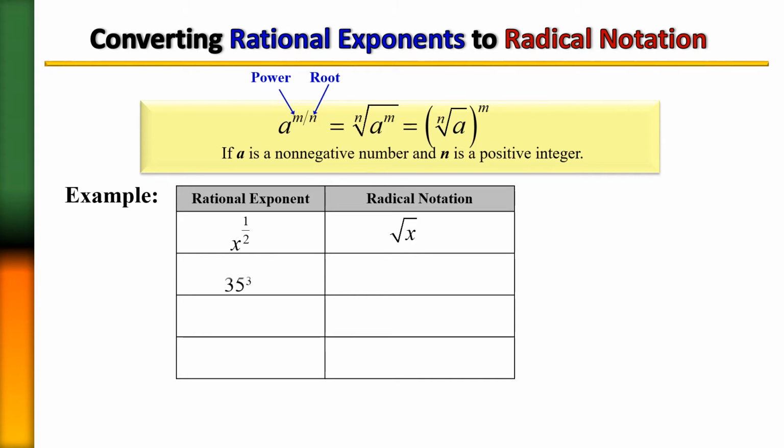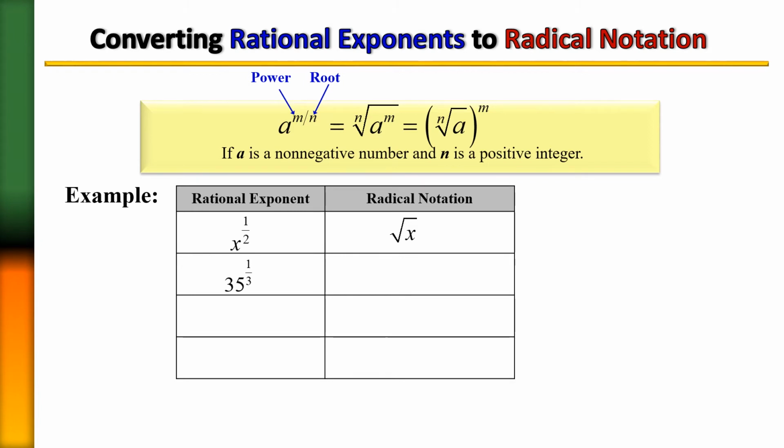Let's do another one. We have 35 raised to the 1/3 power. Again, my base, my big number, 35, is going to go under the radical symbol. The 1 tells me you're raising it to a 1 power. Anytime you're raising something to a 1 power, you don't need to write the 1.